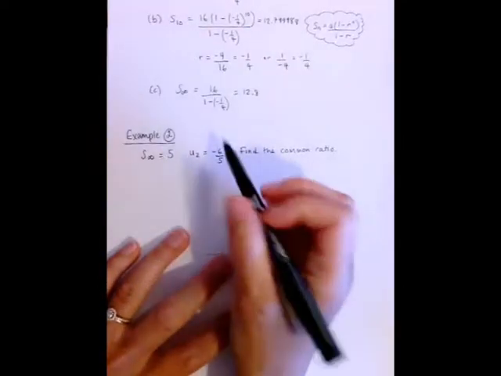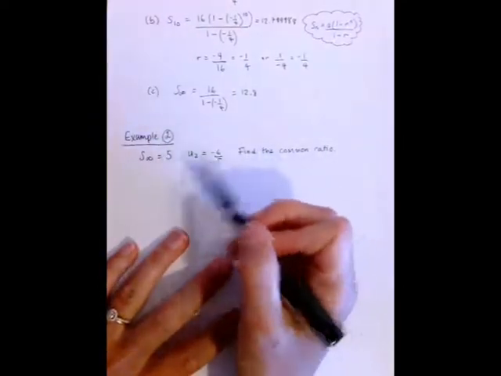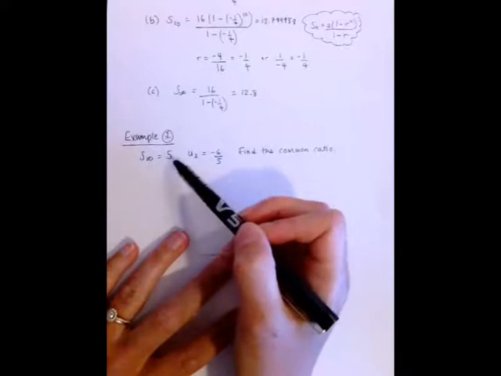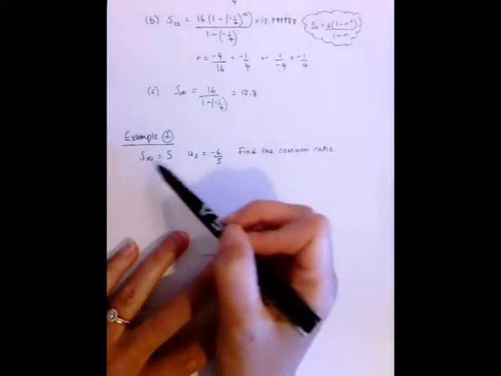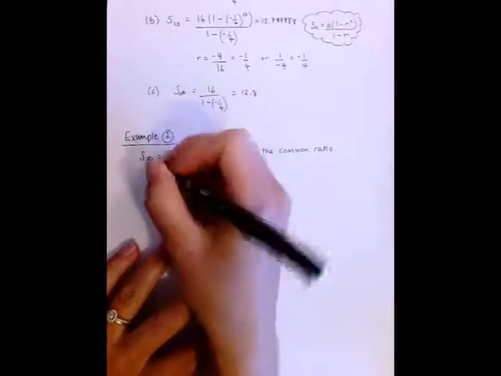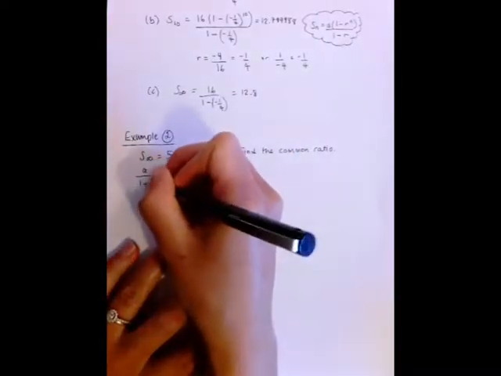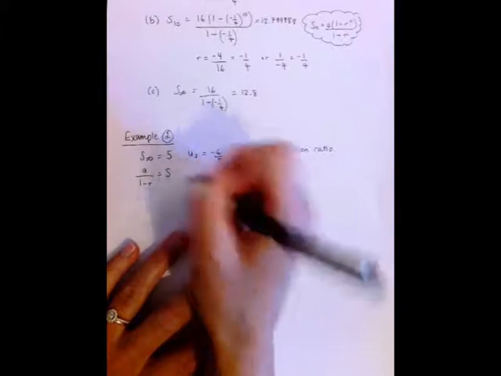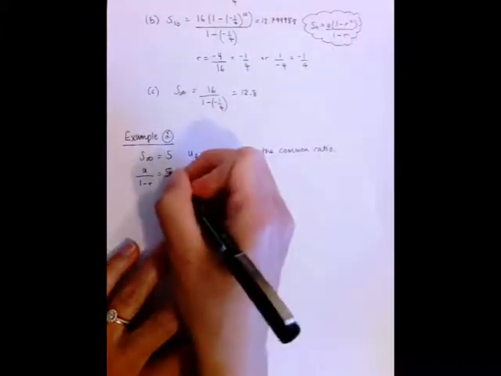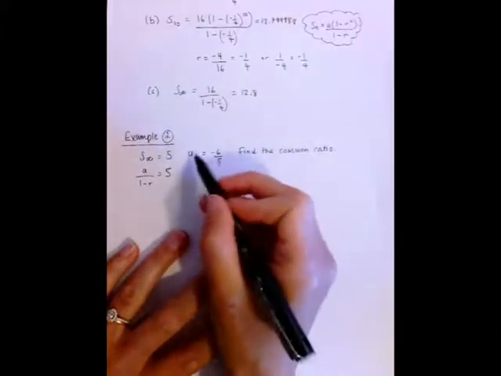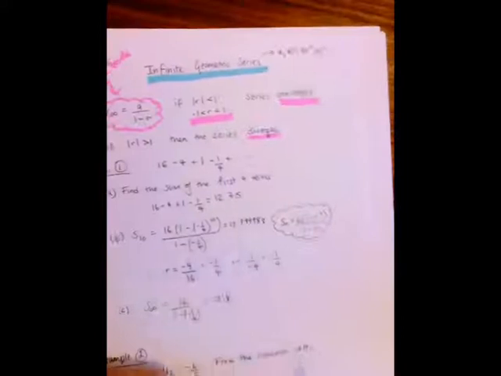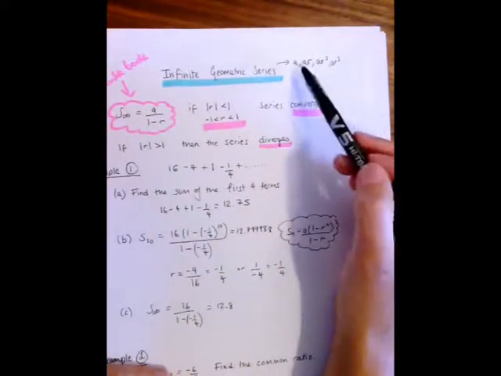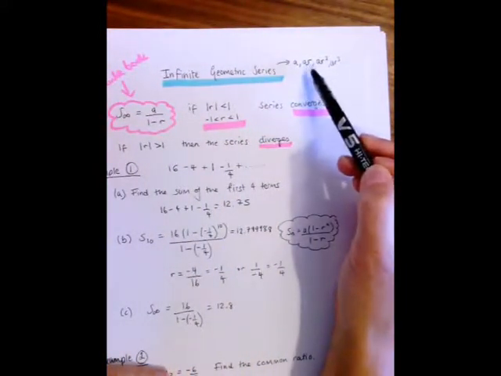So what we want to do with this one is make some equations first using the formulas that we know. So if there is a sum to infinity, it does exist, we could write this now as a over 1 minus r must equal 5 using the formula above. Now the second term, well, like I said when we were starting off, the first term of a geometric series is a, and the second one is a times r.